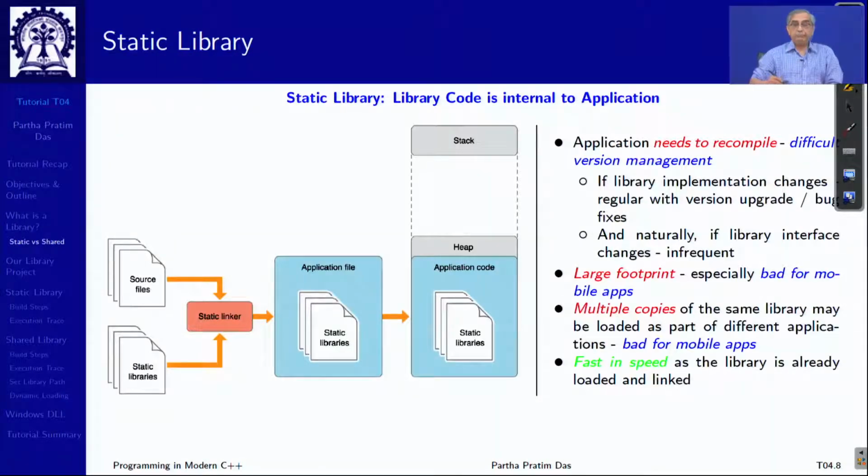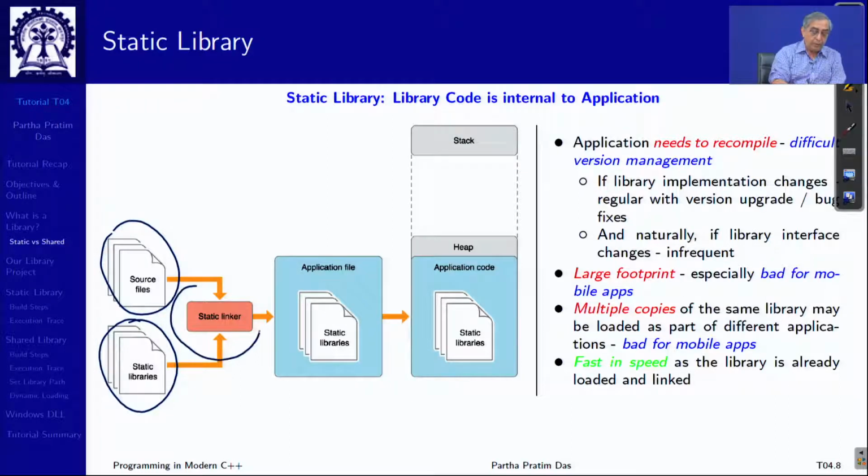So, this is a schematic diagram. I have the source files and I have the static libraries. What happens when I run the linker? I run the static linker, or I link statically, let us say.